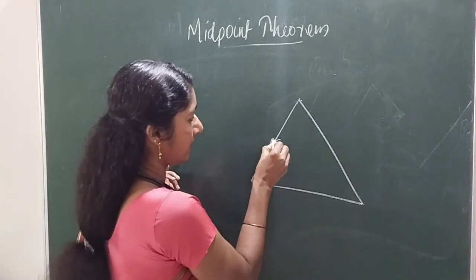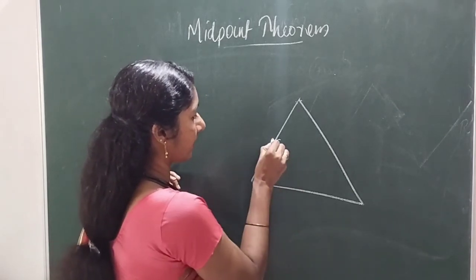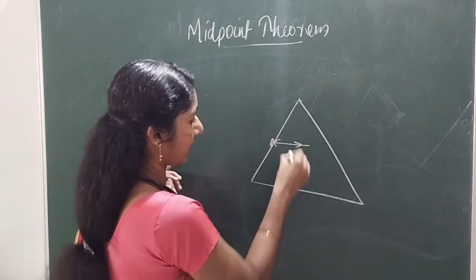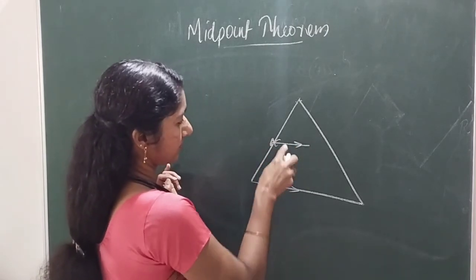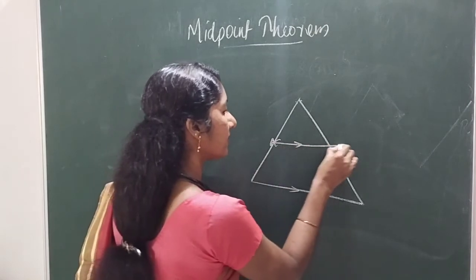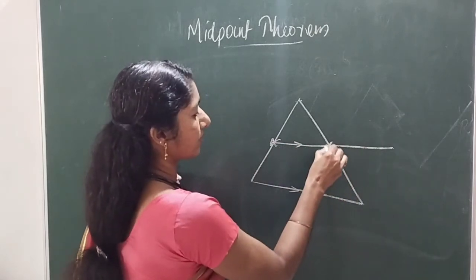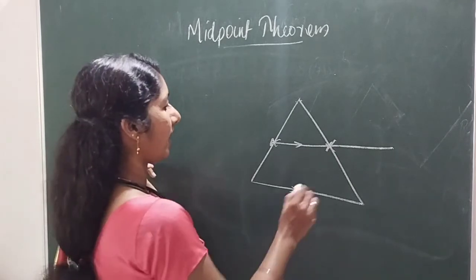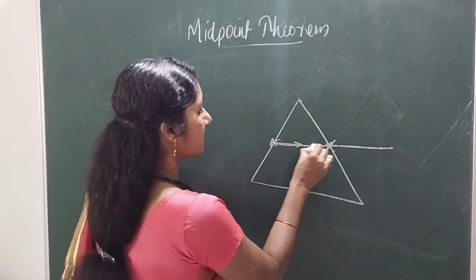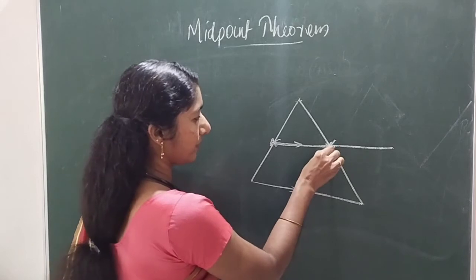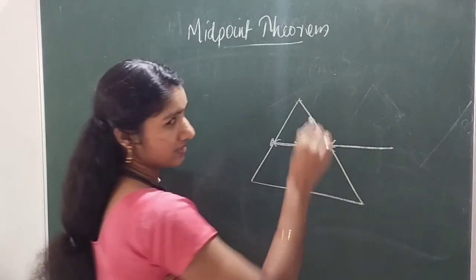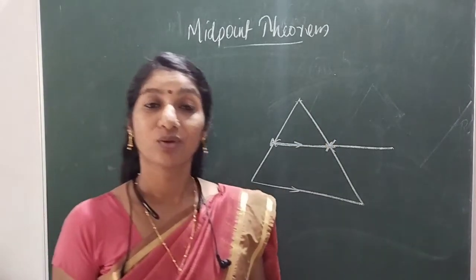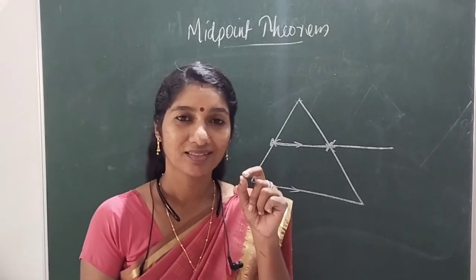I am drawing this line parallel to this side. Just extend that line. Of course, that line will cross the third side of the triangle, and that crossing point will be the midpoint of the third side.